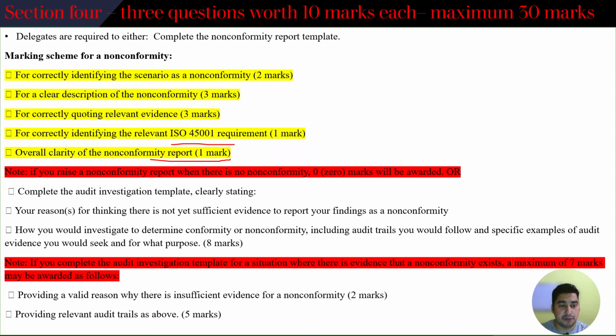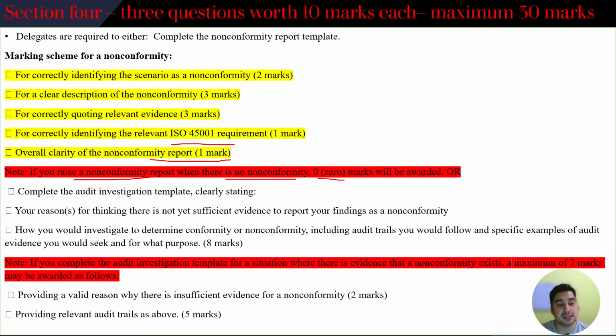Note: if you raise a non-conformity report when there is no non-conformity, 0 marks will be awarded. So if you raise a non-conformity but as per the scenario there is none, you will get 0 marks.